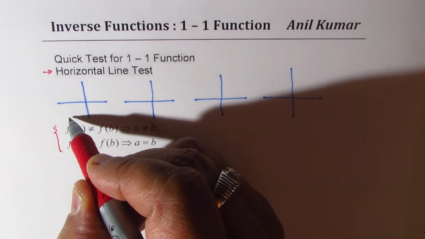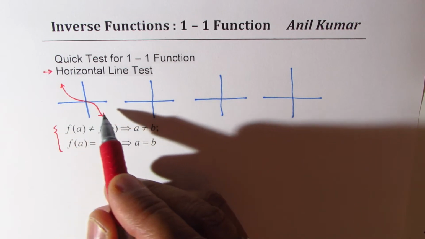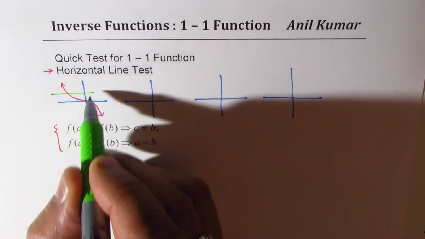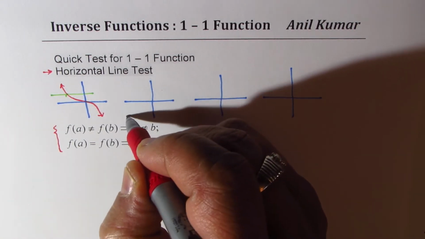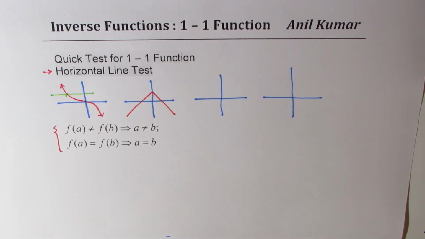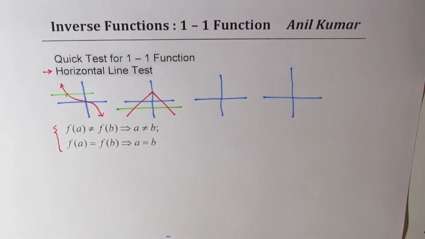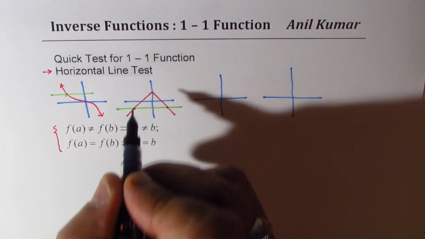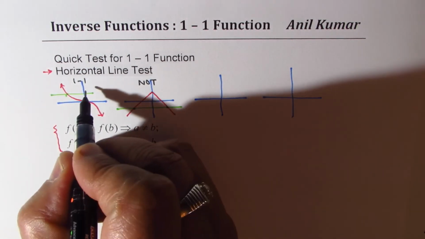If I draw a graph of a cubic function, let's say like this, coming downwards, you see it is always decreasing. And if I draw a horizontal line anywhere, it only intersects at one point. Perfect. On the other hand, if I sketch a function which is kind of like this, and draw a horizontal line, we will see that it intersects the graph at more than one point. So this is not, but this is a one-to-one function.